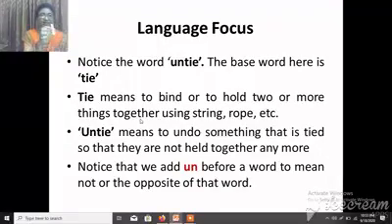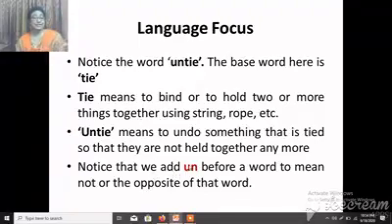This is tied. And when we open it up, that means when we make it single, we can say untie. Okay, that is tie and untie. So untie means to undo something that is tied so that they are not held together anymore.